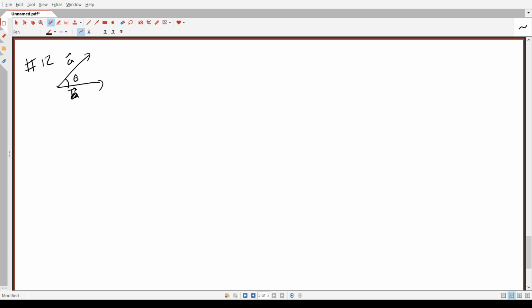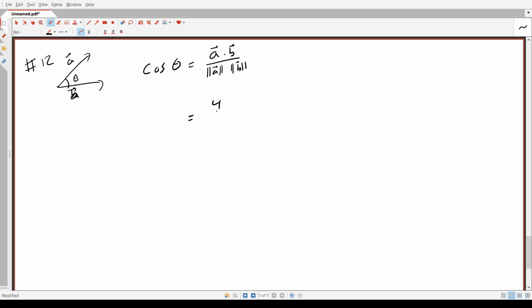So I guess you could figure it out if you knew the vectors exactly, but we're not going to use that. We're going to use the formula that the cosine of the angle between the two is equal to A dot B over norm A norm B. Okay, so we can just start plugging in, right?